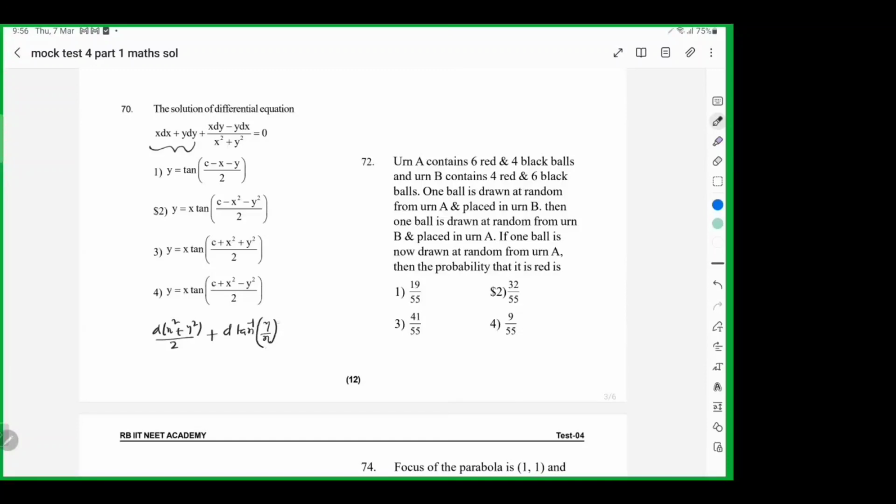Tan inverse y by x is what you get here is 1 by 1 plus y square by x square. Again, derivative of this x dy minus dx square get cancelled. We get the required expression. Integrating, we get x square plus y square by 2 plus tan inverse y by x is equal to c.